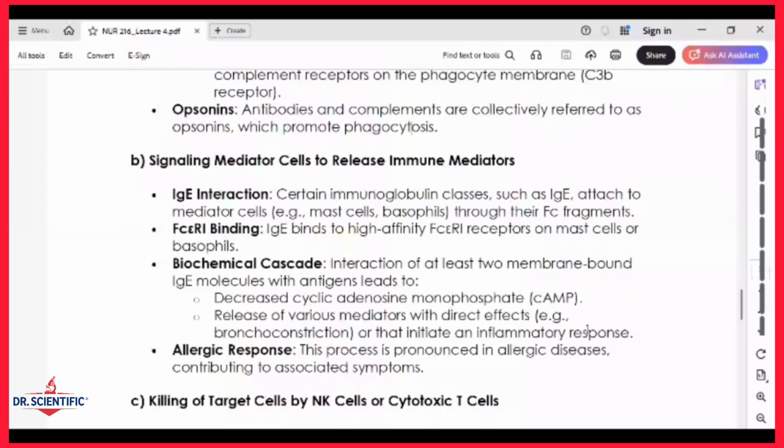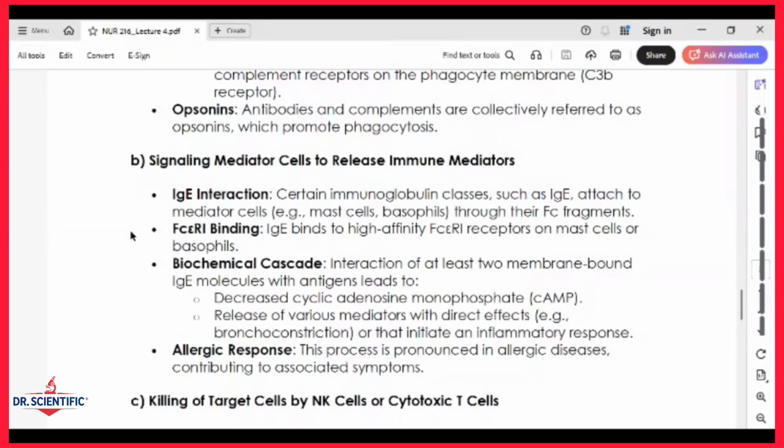Of course, we're going to discuss this in detail when we look at hypersensitivity. Now, if you are asthmatic, this is your main problem. IgE is produced mainly in the respiratory tissues, and sometimes in other tissues.